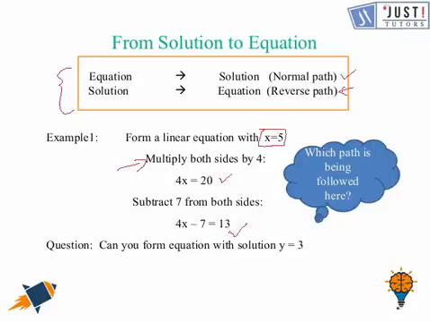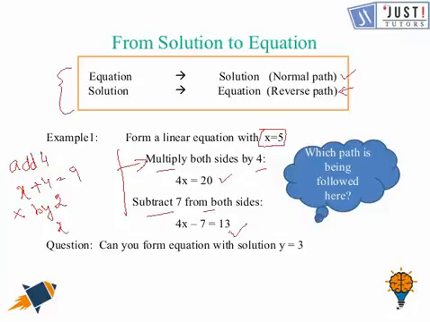It is not necessary to always multiply both sides by 4 and then subtract 7 from both sides. You can try different operations as well. Let's try another one. Let's add 4 on both sides. So it will be x plus 4 is equal to 9. And then multiply by 2 on both sides.